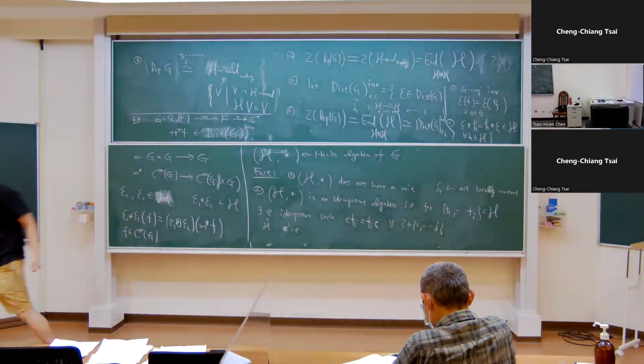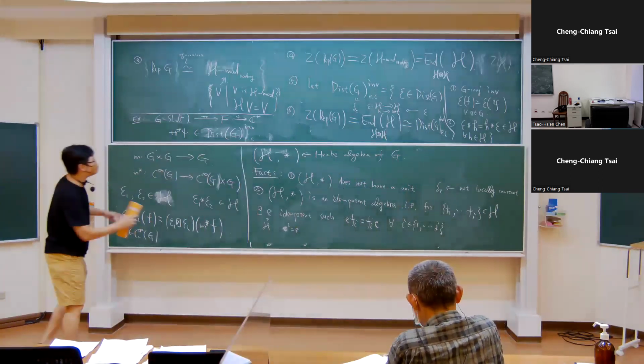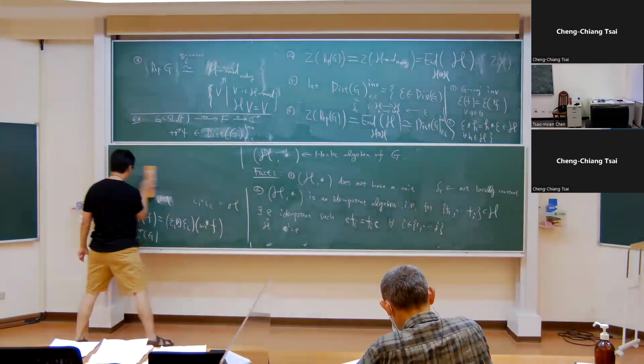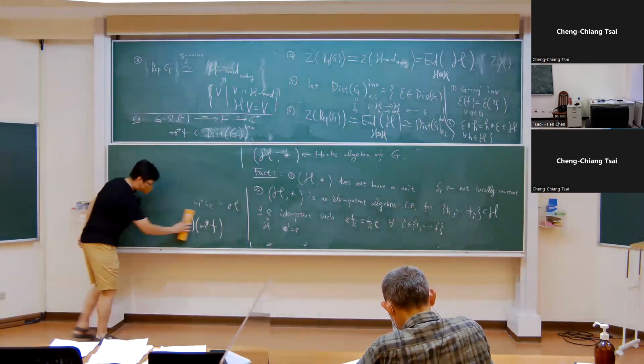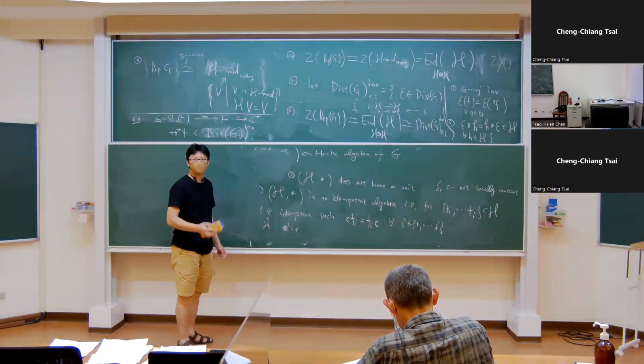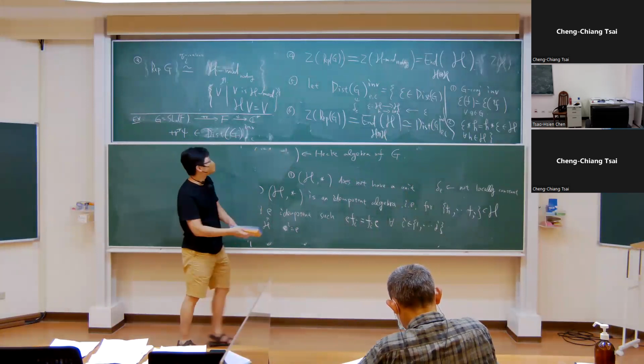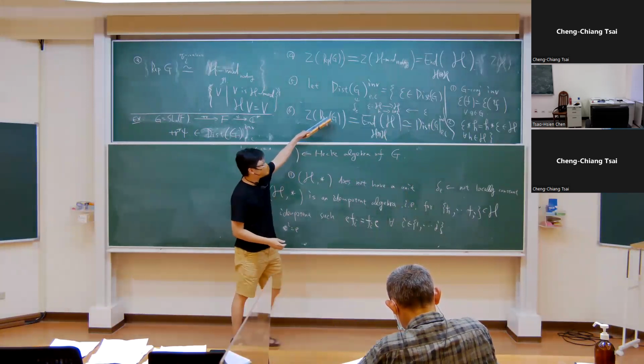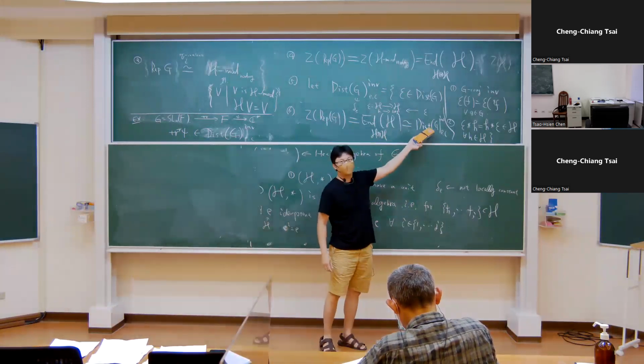So now I want to give a definition of stable center. Recall in the finite group case, the definition basically uses local Langlands correspondence. You need some intrinsic decomposition of this category, and this decomposition produces a certain subspace here.